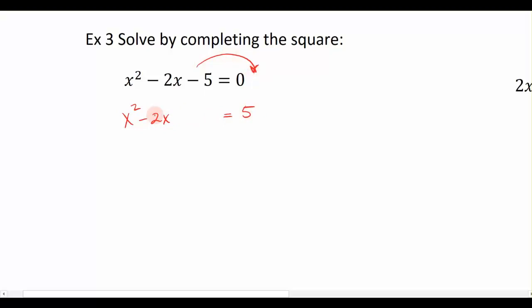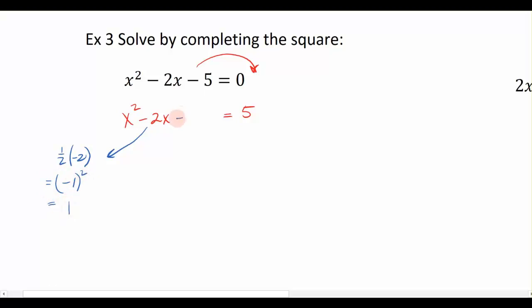Now we are going to talk about my b term. The negative 2 is my b term, and this is where we are applying the completing the square part. What we do is we take half of my b term. When I take half of b, that is really multiplying my b term times 1/2. So 1/2 times negative 2 is negative 1, which we are going to square, and negative 1 squared becomes 1.